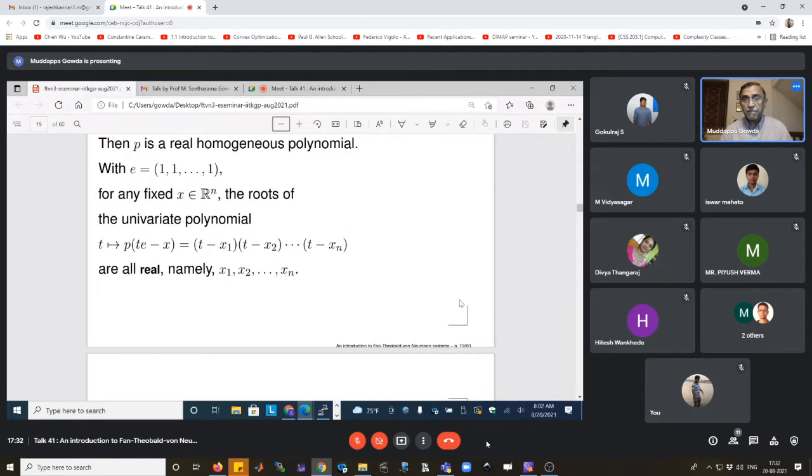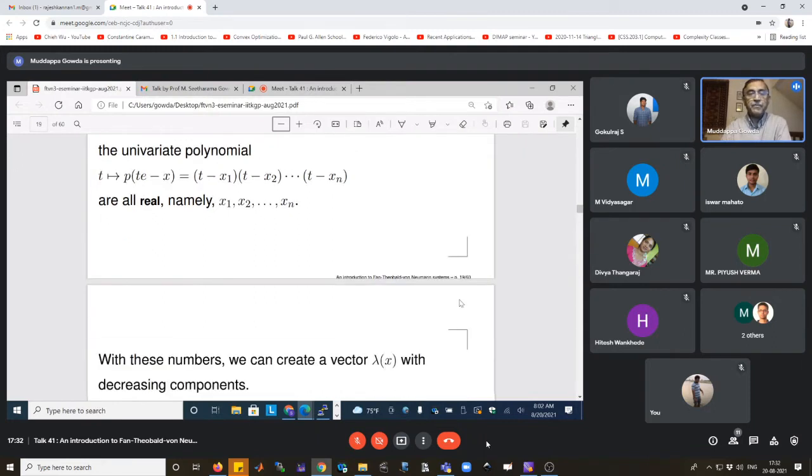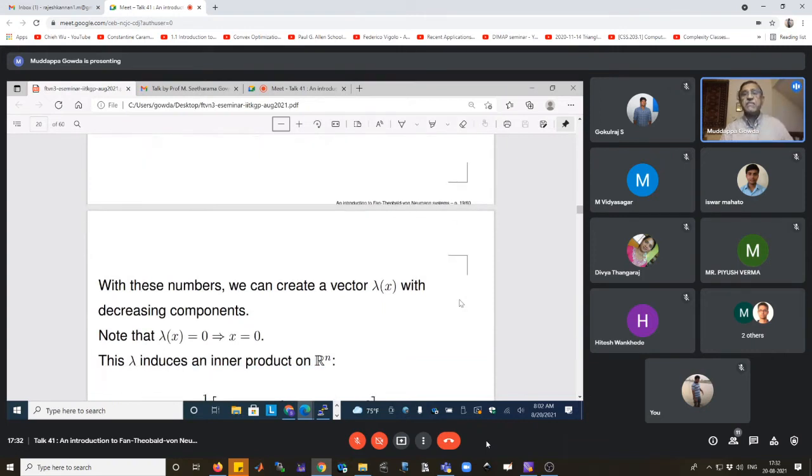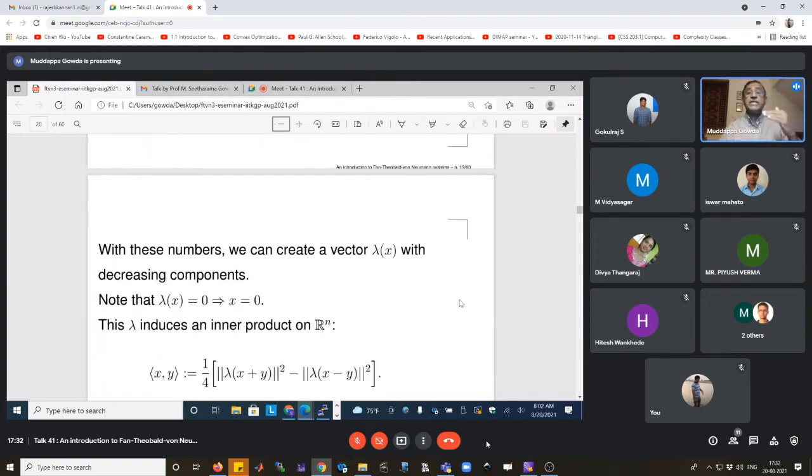This is the key. So I start with a real homogeneous polynomial. I choose a vector e and I look at this univariate polynomial, little t going to p of t e minus x. Look at the roots of that. I require all the roots to be real. In this particular case, the roots are all x1, x2, xn. Then what do we do? With these numbers, with these roots, we can create a vector lambda x with decreasing components.